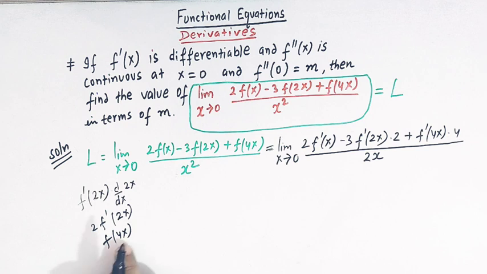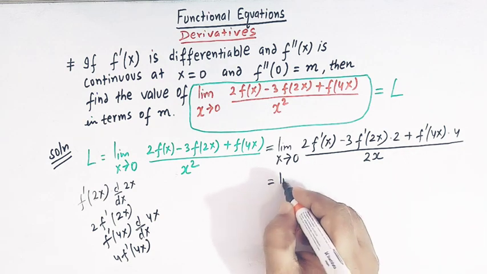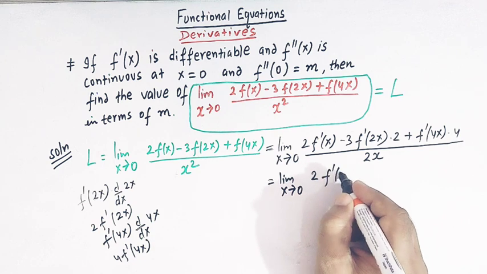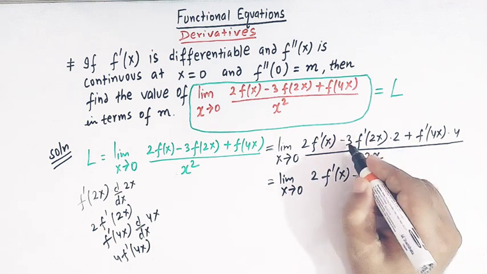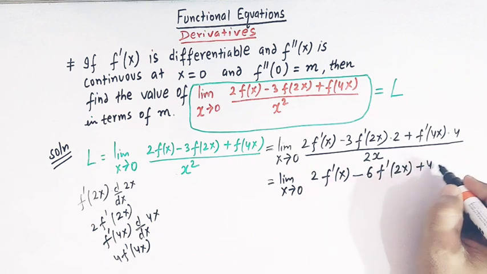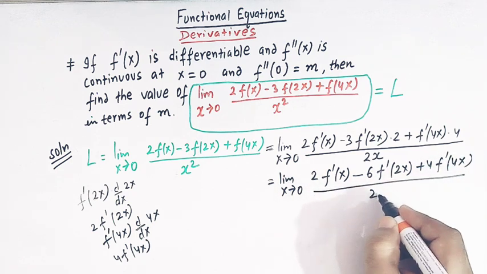When we differentiate f of 4x, we get f prime of 4x, and then the derivative of 4x leaves us with 4, so this is 4 times f prime of 4x. Now we have the limit as x tends to 0 of 2 f prime of x minus 6 f prime of 2x plus 4 f prime of 4x, divided by 2x.